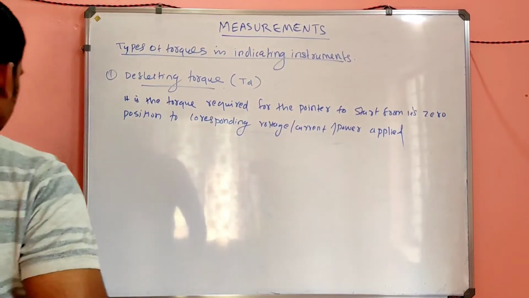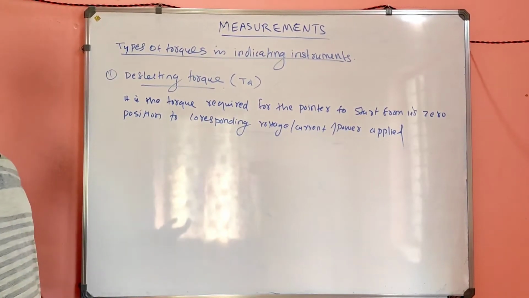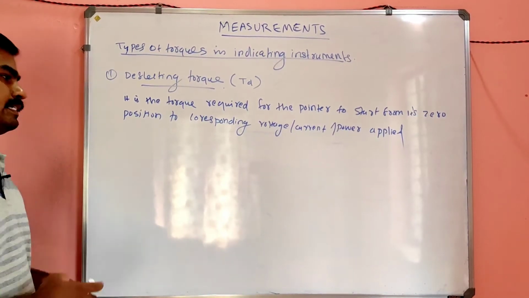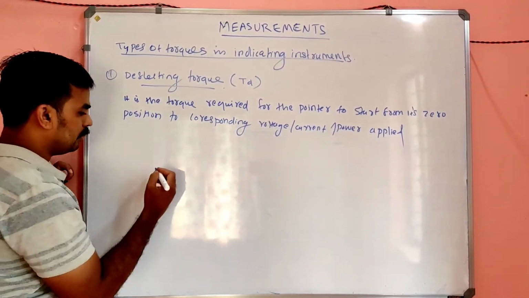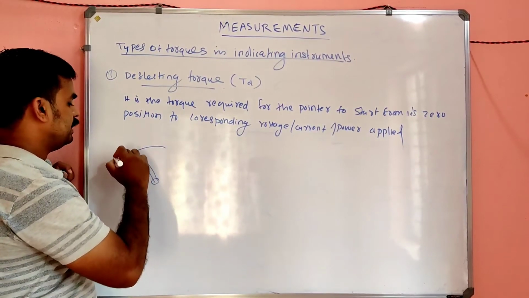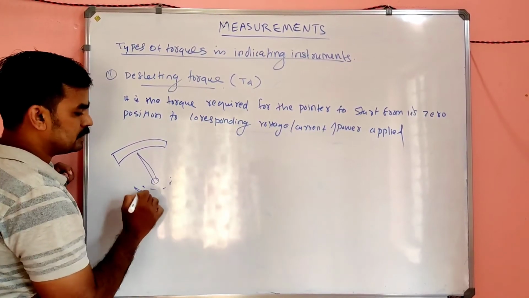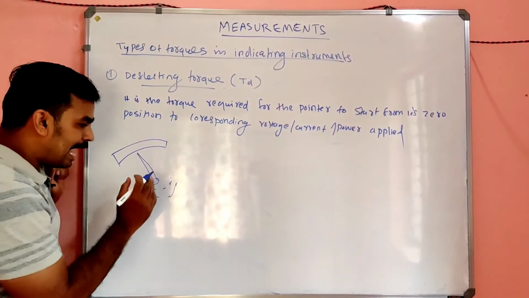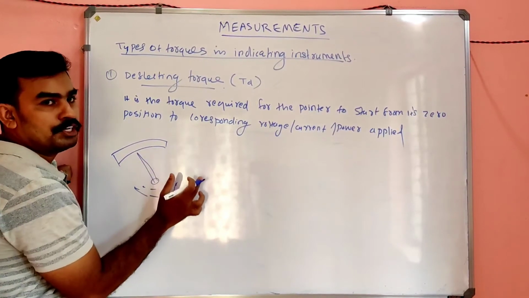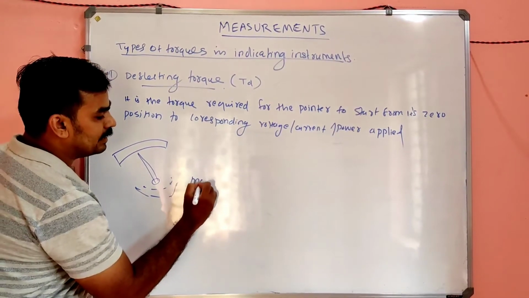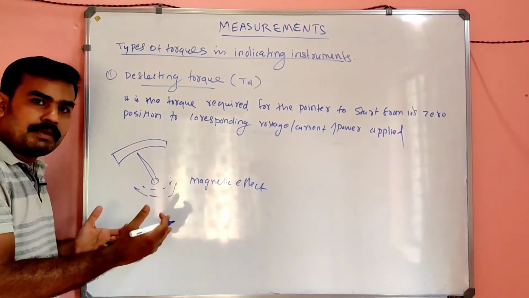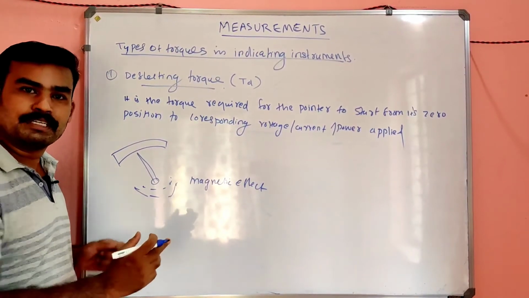Now this torque can be generated by any method. For example, suppose you are placing your pointer in a magnetic field. This changing magnetic field effect will be a reason for the pointer to move, which is called the magnetic effect. Sometimes a chemical change may be the reason for the pointer to move from its 0 position.